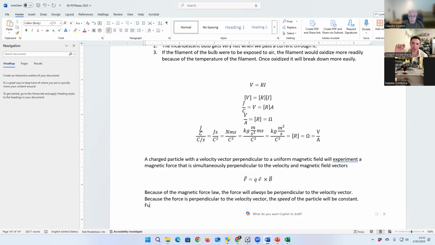Because the force is perpendicular to the velocity vector, because of this equation right in here. The force does not do any work on the particle because it is perpendicular to the velocity vector. That's why.